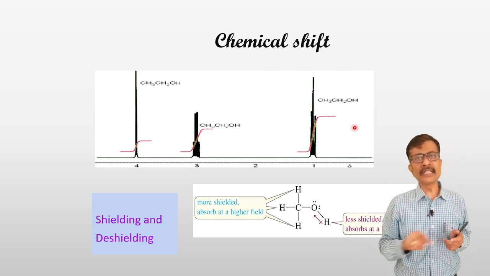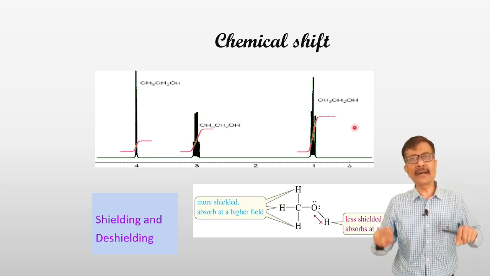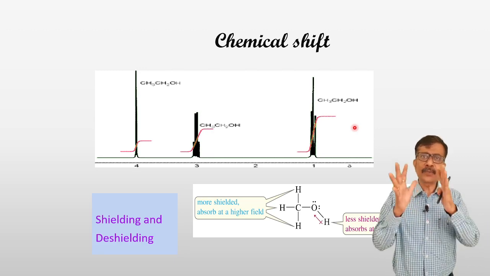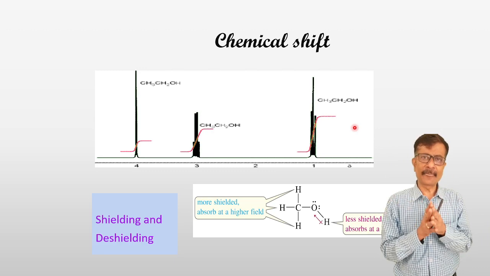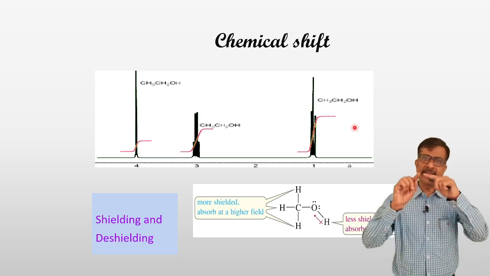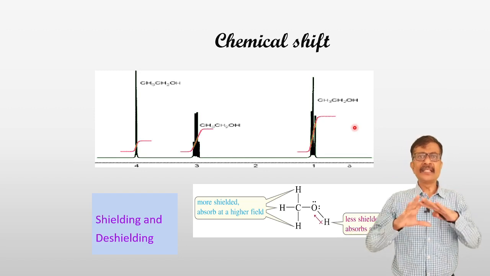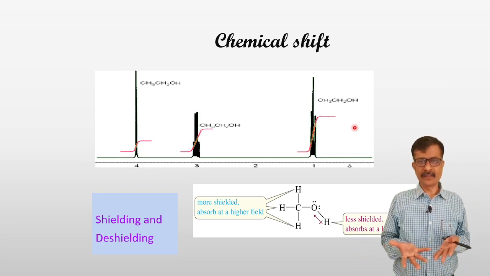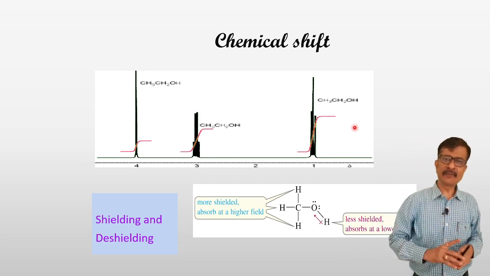They will also generate a secondary magnetic field, and if that secondary magnetic field generated by the electrons around is opposing the applied magnetic field, it protects the nucleus of the hydrogen. That is called shielding. And if that electron density is reduced, it de-protects the nucleus, that is de-shielding. So this shielding and de-shielding is responsible for the chemical shift.